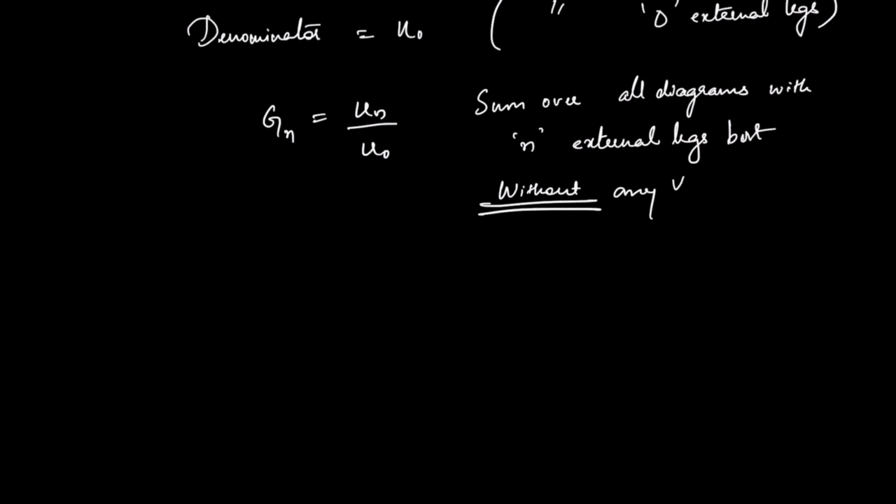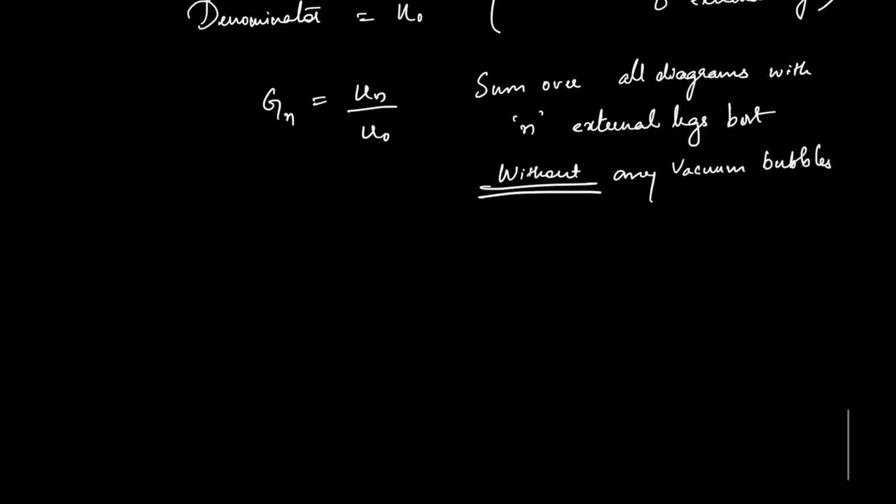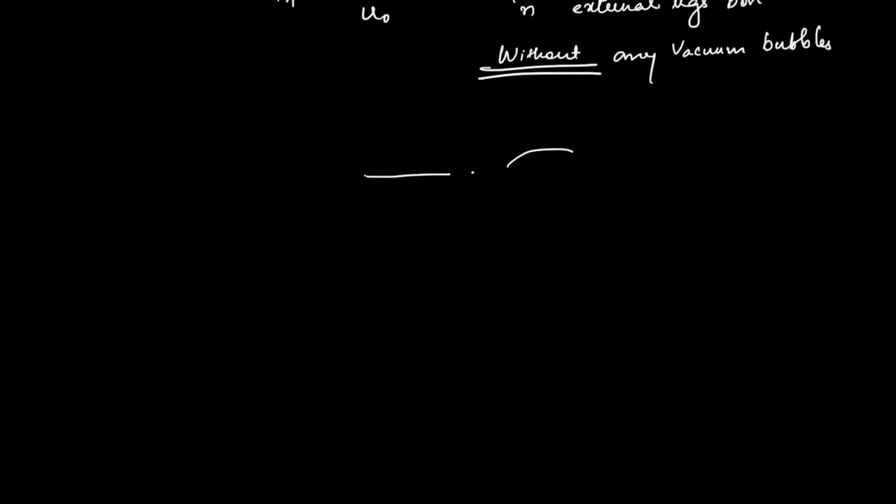So this 'without' is very important. If you go to the next order, then you'll get something like the straight propagator multiplied by the vacuum bubble. And this will automatically cancel and the expression will get simpler.